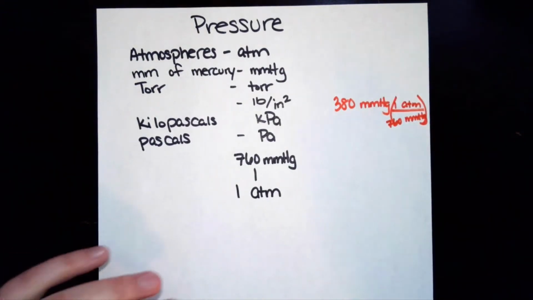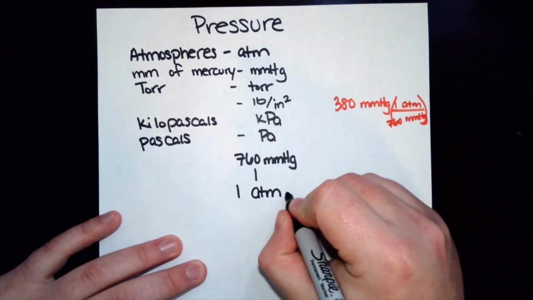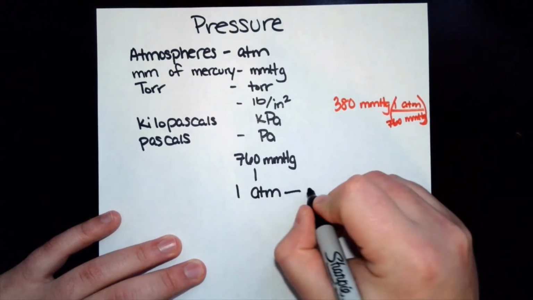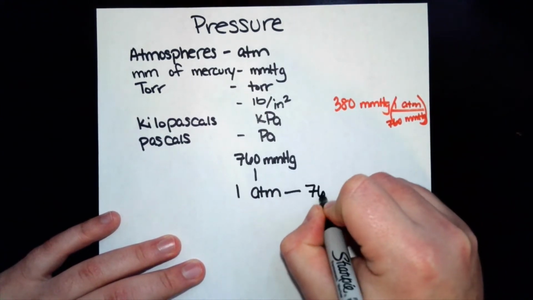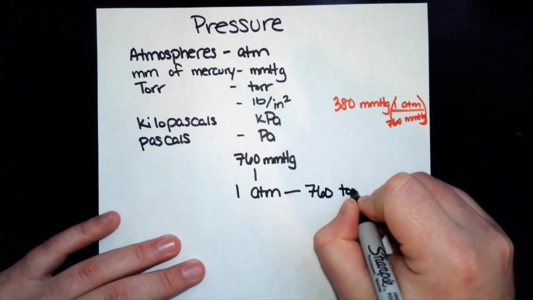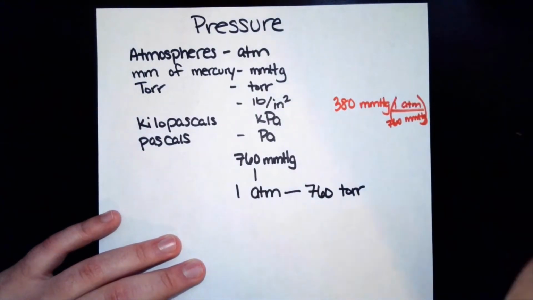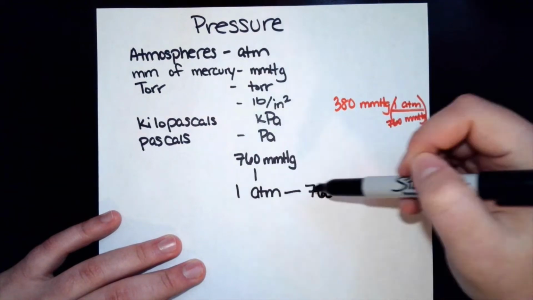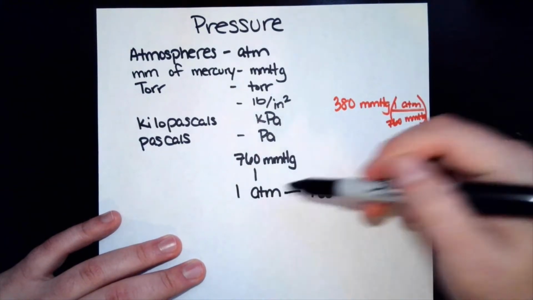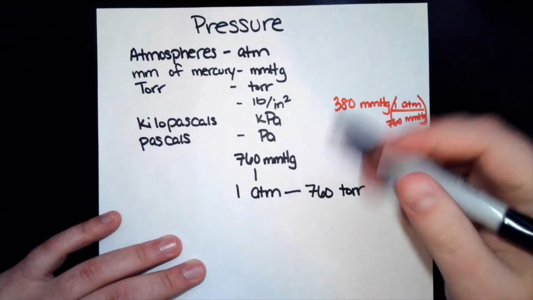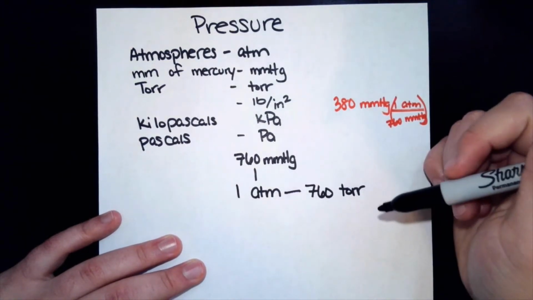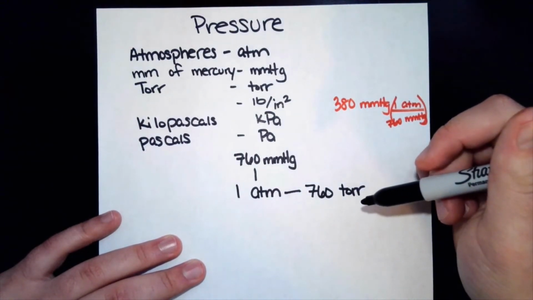Alright, the next one is going to be torr. And as it turns out, 1 atmosphere is also equal to 760 torr. Another thing to keep in mind is that not only am I showing them all to atmospheres, but since these are all equal to 1 atmosphere, they can also be used as conversion factors to each other.